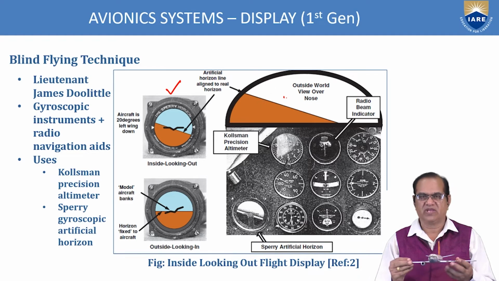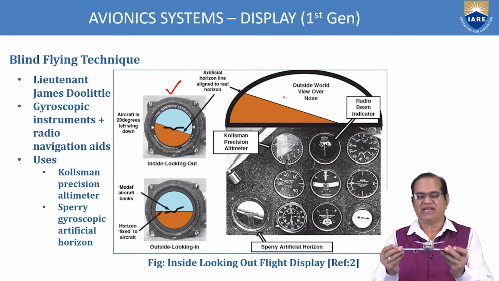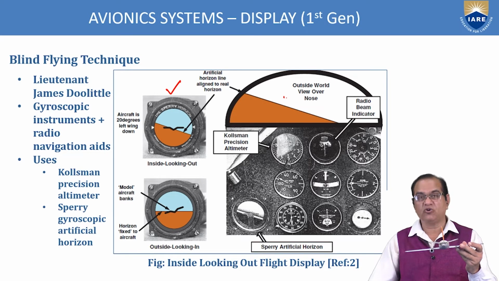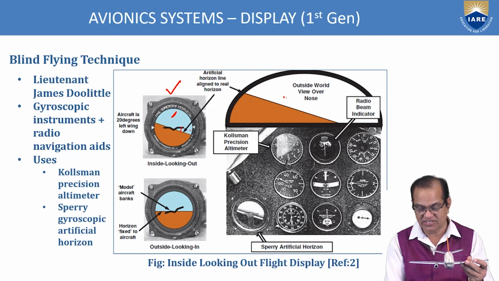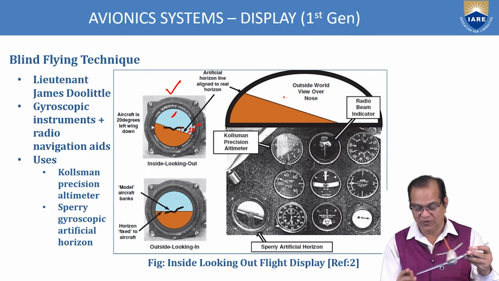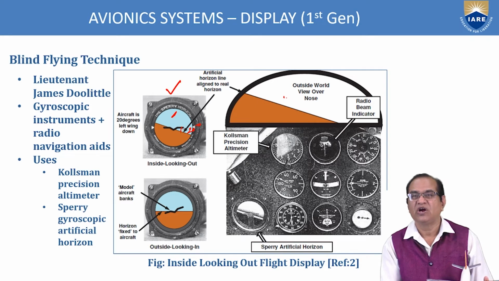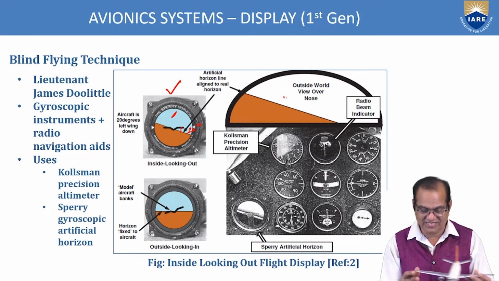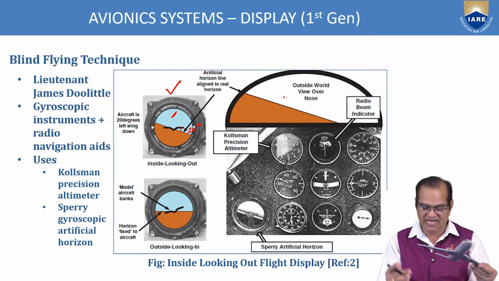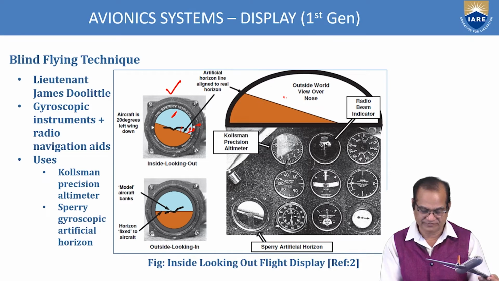So if the aircraft is flying like this, and the aircraft is banked, this equipment will show this much angle. This is the 20 degree. If it is 20 degree, here you will see the 20 degree. So you will be able to see like this. If it is on the right side, it will give like this. So the model aircraft banks, horizontal fixed to the aircraft.